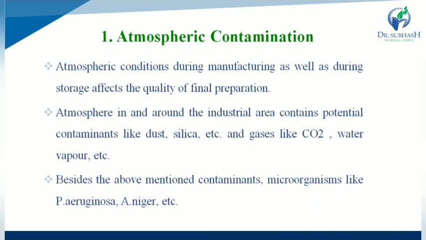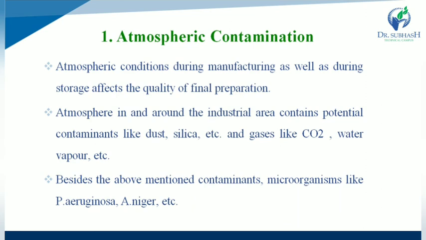The atmosphere in and around the industrial area contains potential contaminants. Which type of potential contaminants? Like dust, silica, and gases like CO2, water vapor, etc.